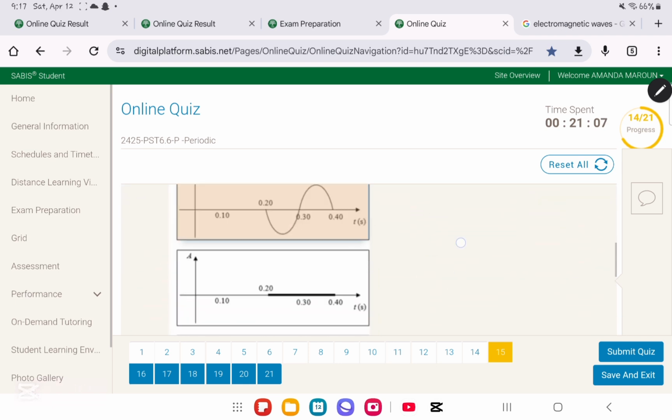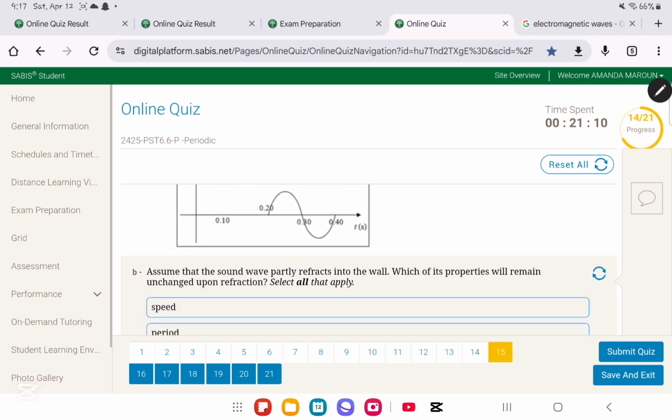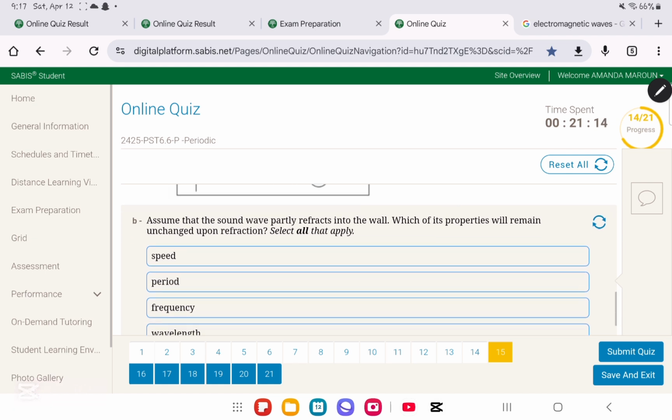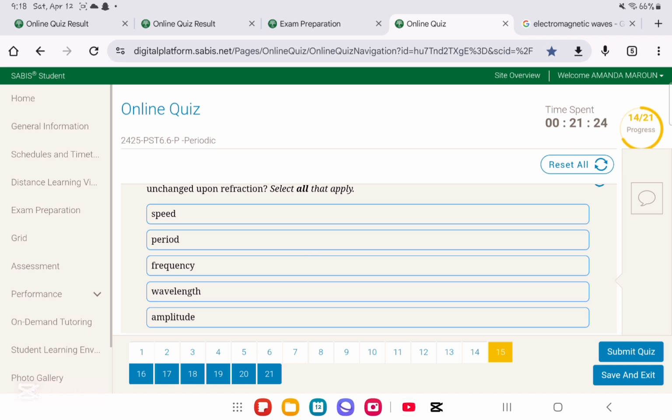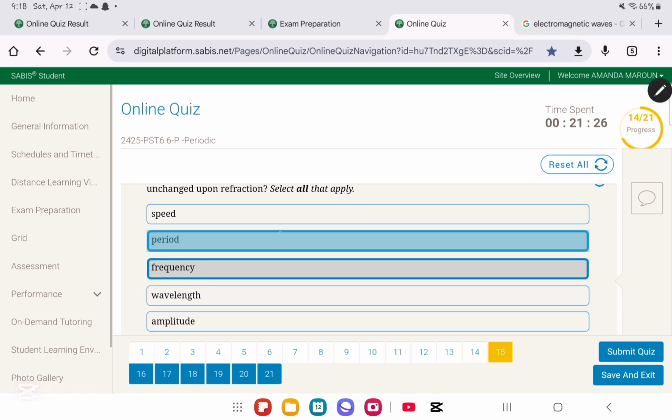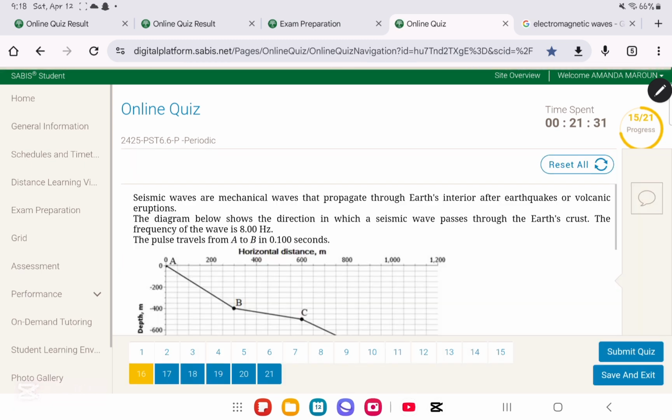So you're going to choose this graph over here. Assume that the sound wave partly refracts into the wall. What properties will remain the same upon refraction? The only 2 properties that remain the same upon refraction are frequency and the period. Okay, we move on to question number 16.